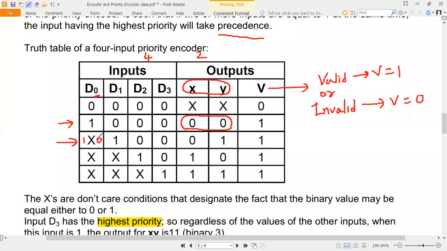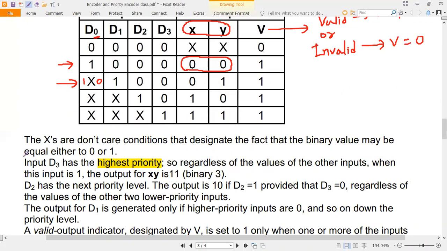If it is 1, you can see both the inputs are 1 at a time. So here priority will be given to D1. See here, the X or don't care conditions designate the fact that the binary value may be either 0 or 1.